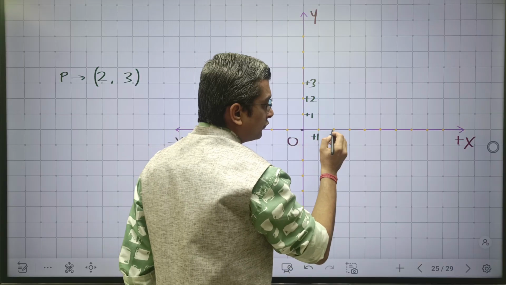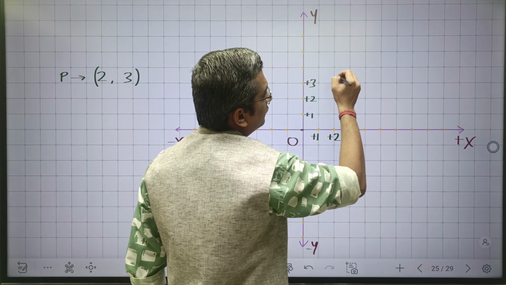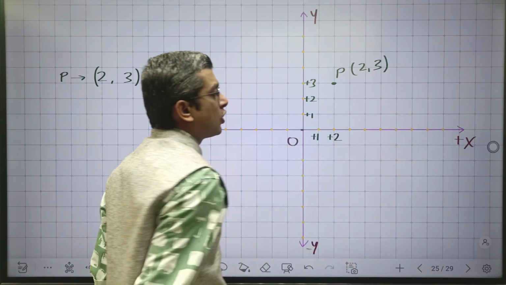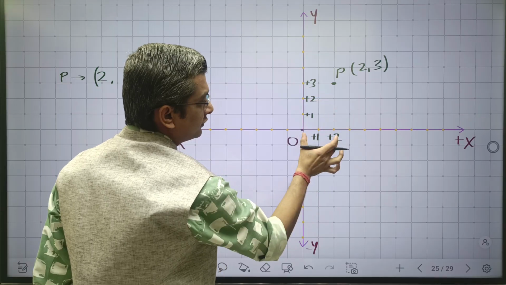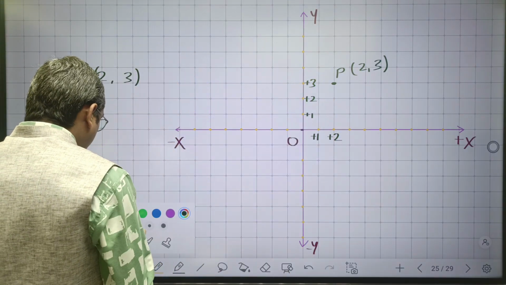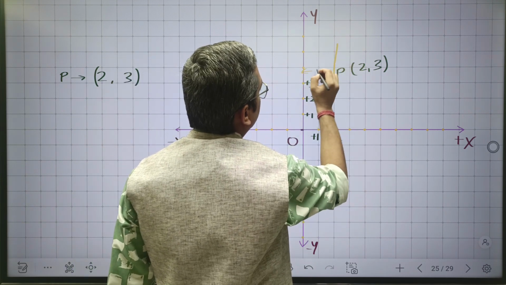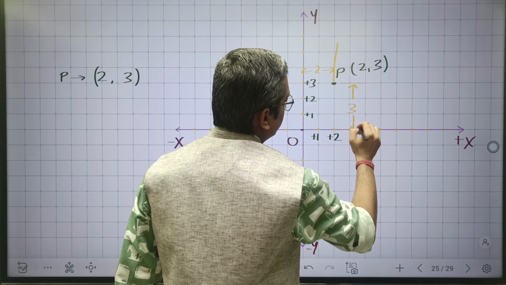First we move plus 2, then plus 1, plus 2, plus 3 along the y-axis. So this represents point P having coordinates 2, comma 3, isn't it? So this distance is 2, and this distance is 3.